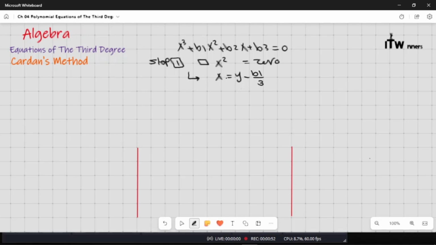After that we obtain another third-degree equation, y cubed plus p y plus q equal to 0, and we will deal with this equation by Cardan's method.